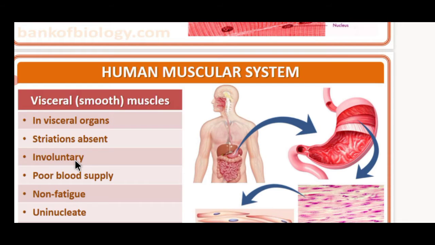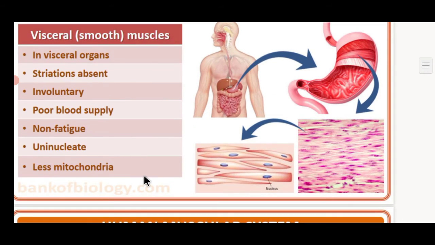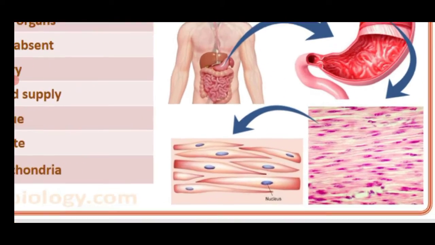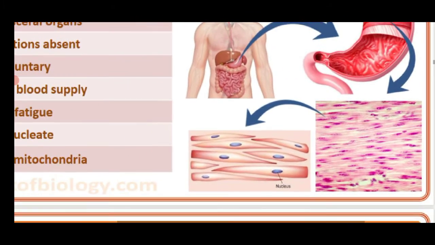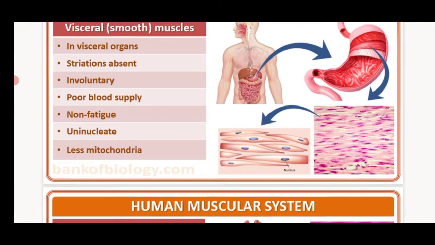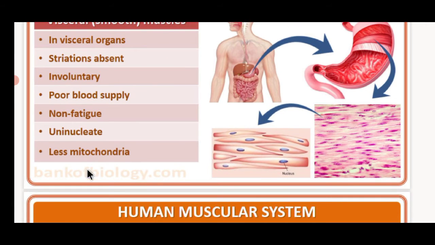They work on their own. They have a poor blood supply and they are non-fatigue, that means they don't get tired, and they are uninucleate. So here is an example of smooth muscle fibers. And they have less mitochondria.